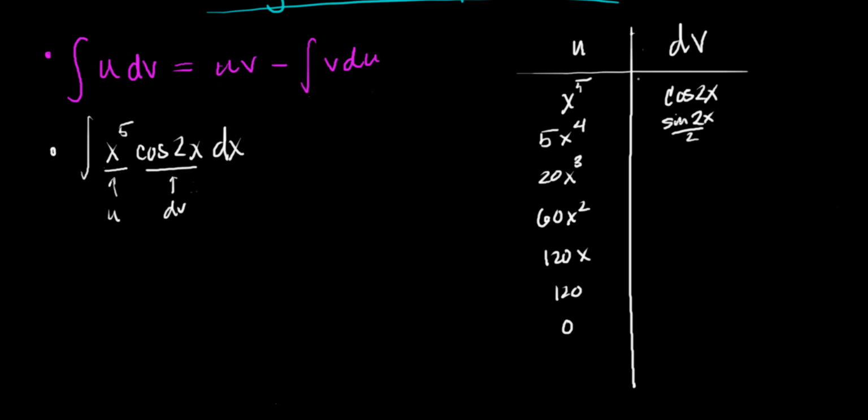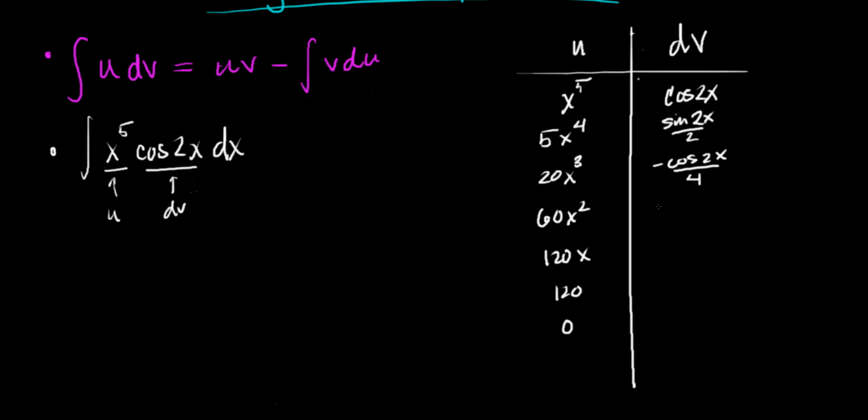When we integrate sine of 2x, well, the integral of negative sine of 2x is positive cosine, but if you have positive sine, that must mean you had a negative cosine of 2x when you differentiated. And then you would again divide by 2, but we already have a 2 there, so 2 times 2 gives you 4.